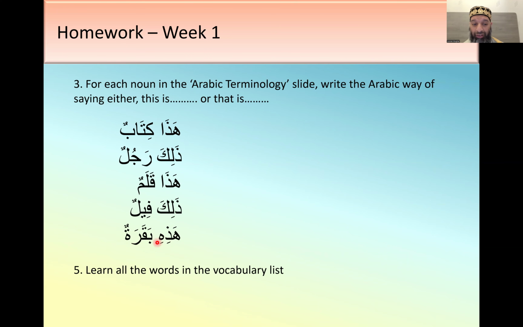Call it a ha marbuta, right? But can you see this is a ta marbuta here? And this is like a ta marbuta. So هذه goes with feminine words. Okay? And then question 5 was to learn all the words in the vocabulary list. Okay? Happy to move on?